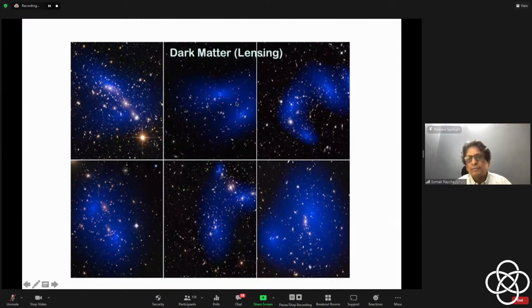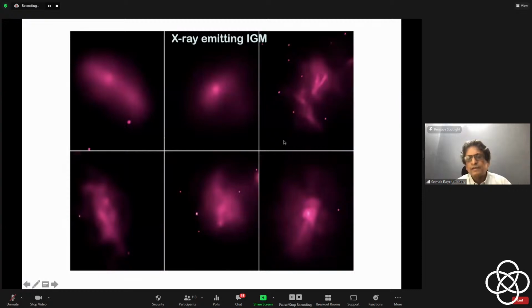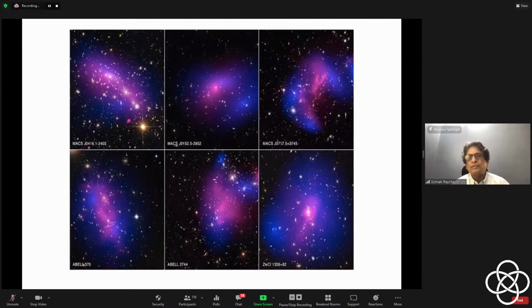And you can see here are blobs of dark matter, but the distribution of galaxies seems to be slightly different from each other. Here are the X-rays in the same galaxies, and here are all of them together.